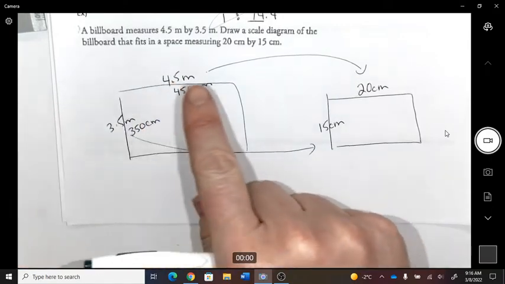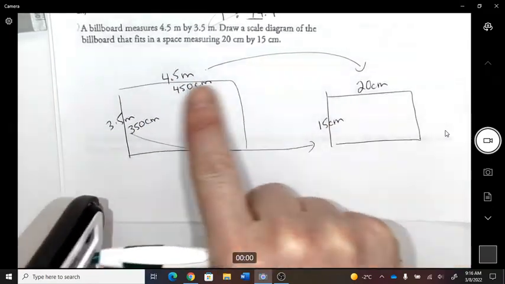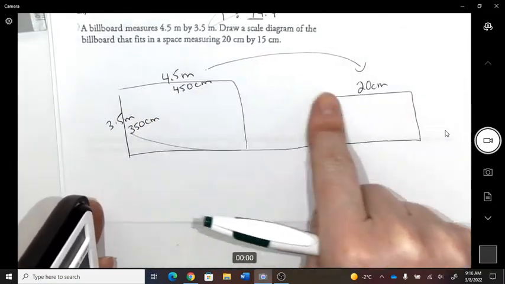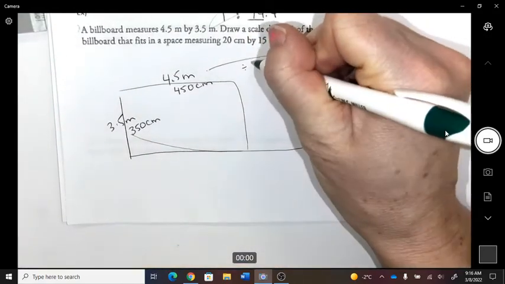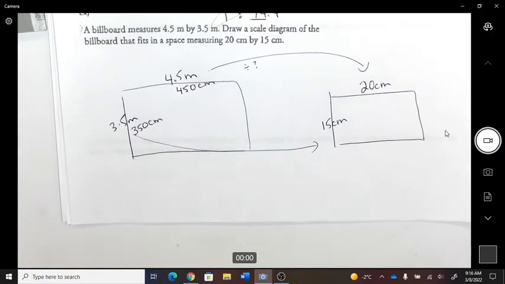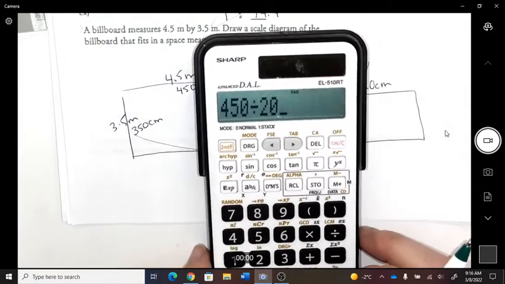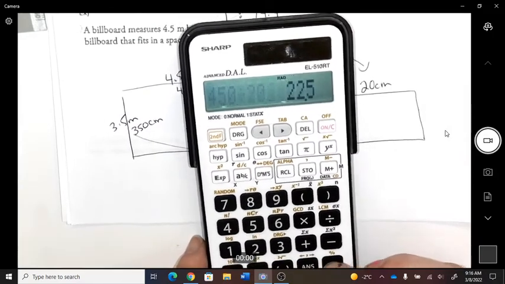Okay, so I'm obviously going to try to be shrinking this. So what would I have to divide by in order to get to 20? Do you know how to do that? So I'm going to go 450 divided by 20.